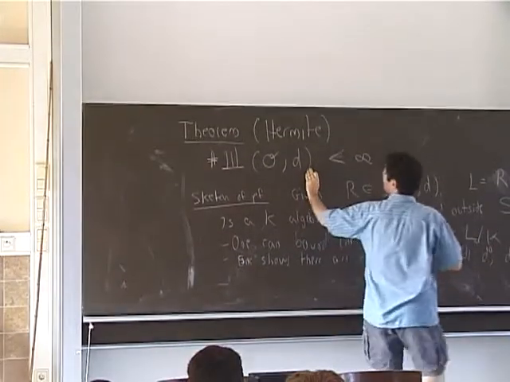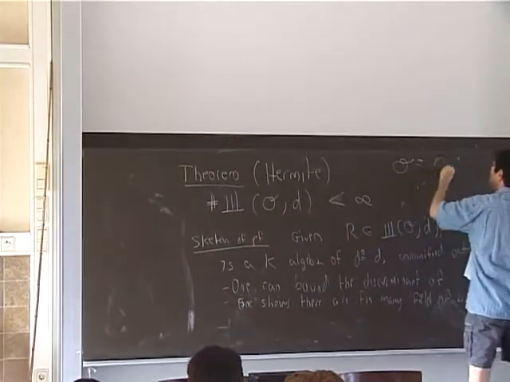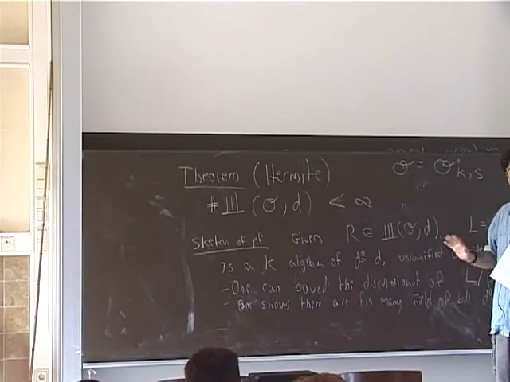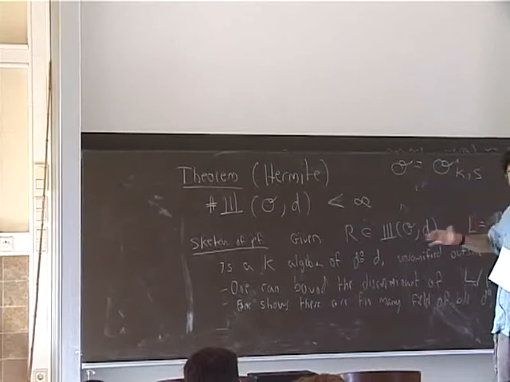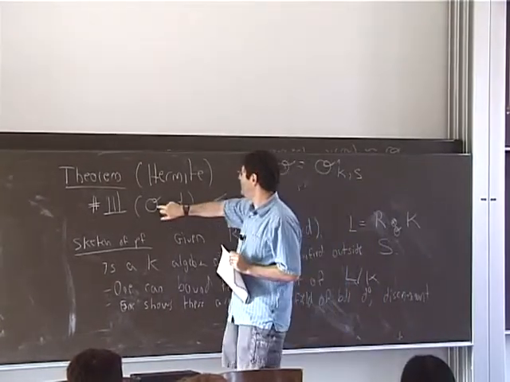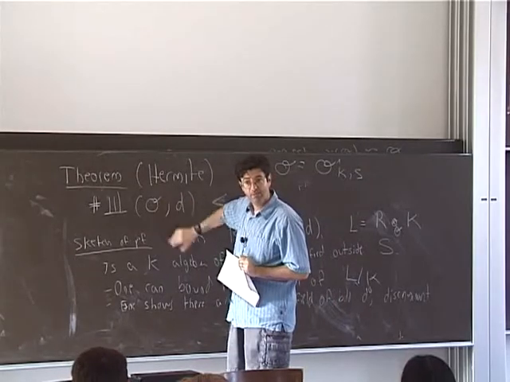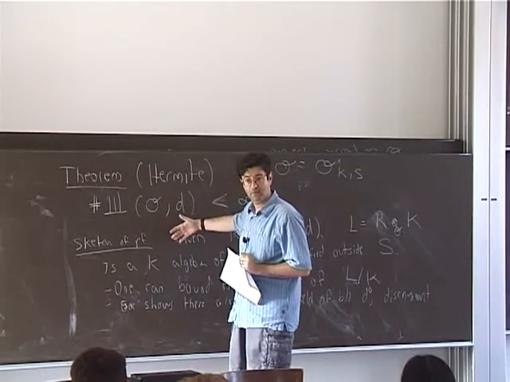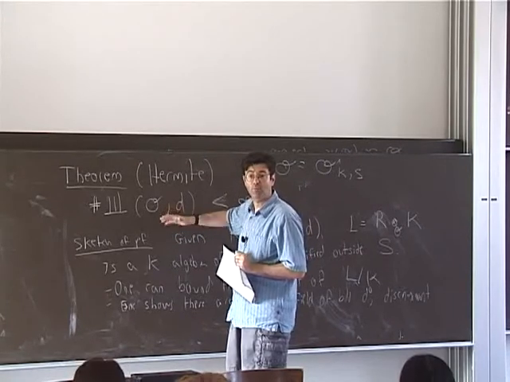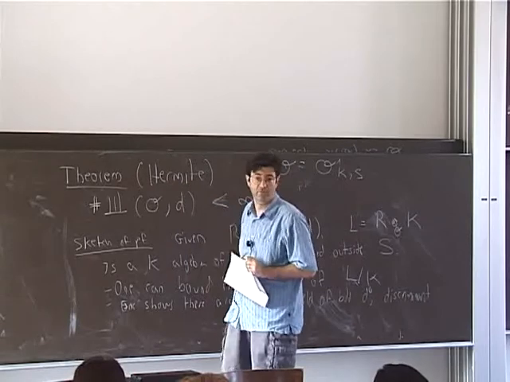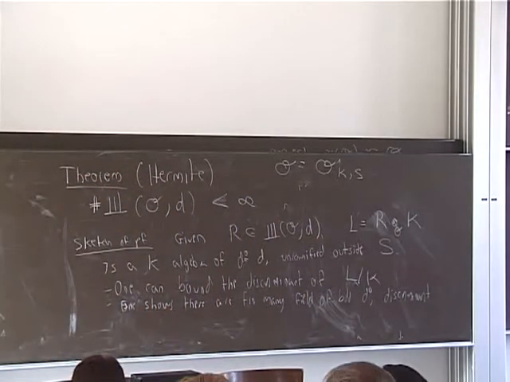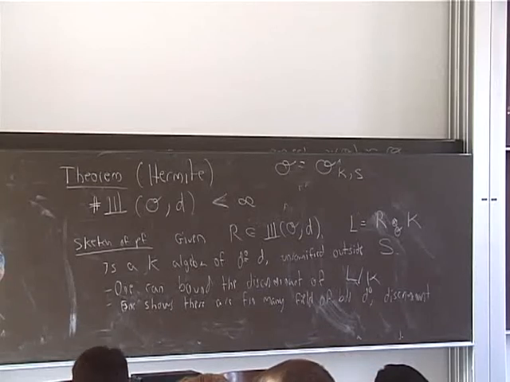Here in this theorem of Hermite, O is the ring of S-integers of a number field. This is not a general result, of course. If I inverted infinitely many primes, for example, it would cease to be true. Or if I put K here instead of O, this would be completely false, because then you'd be classifying field extensions or products of field extensions of degree D of a field, of which there are infinitely many. But working over this base puts a restriction on the discriminant, and that's exactly the point.